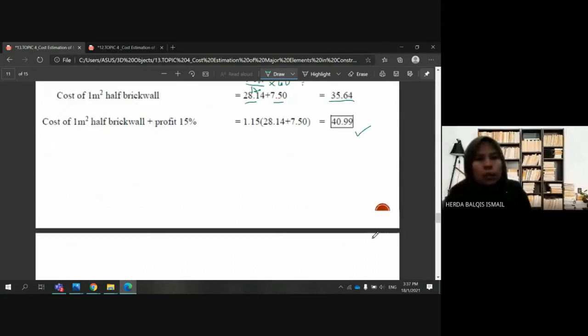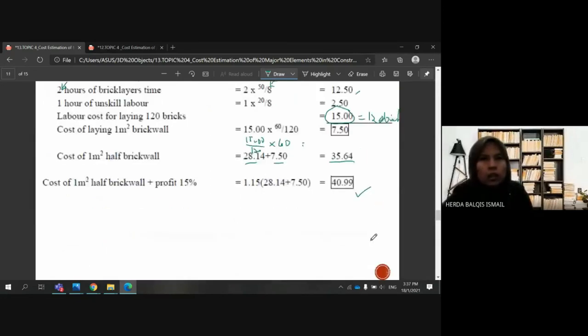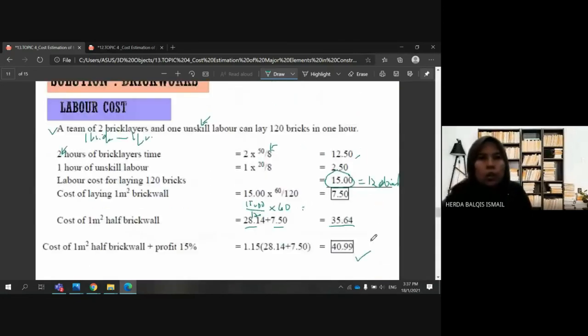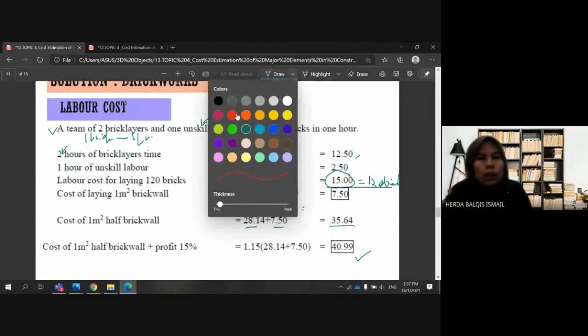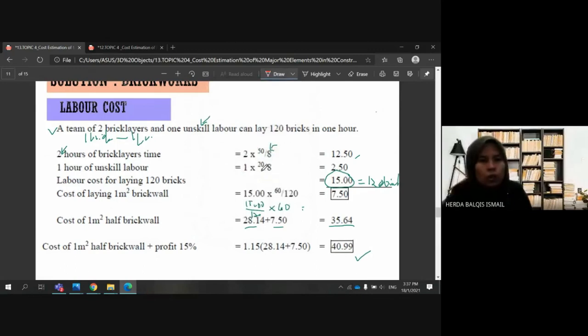Right? So basically in the calculation, you need to address which area or aspect needs to be emphasized. For example, straight away, the labor cost. You calculate based on the constant for one skilled labor and one unskilled labor.